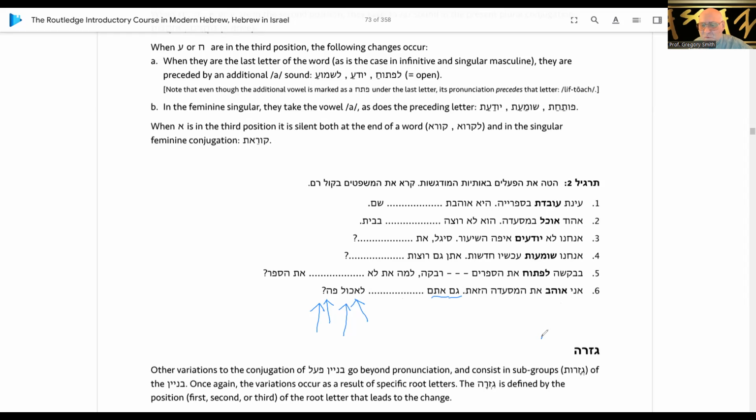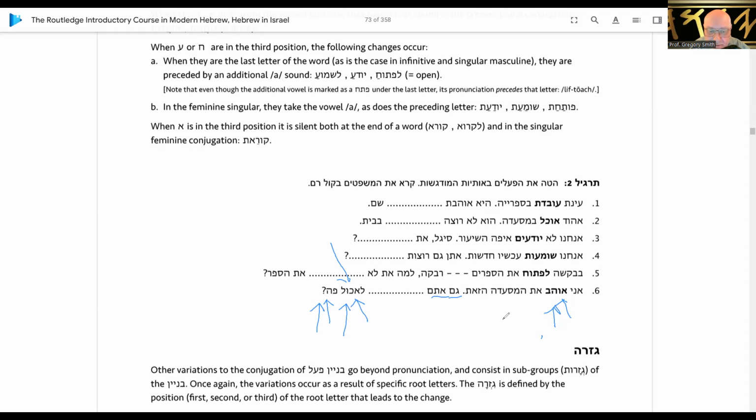So we got to come up with the eat one here. No, we got to come up with this one here. Oh, hey. So gam atem, do you all like? So I bet you it's going to be ohavim. I bet you that's what's going to be.